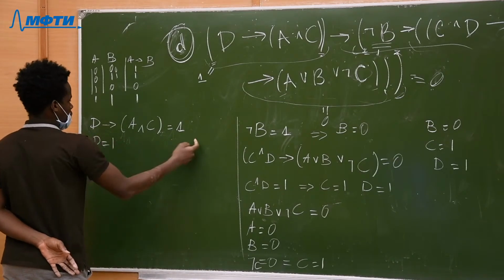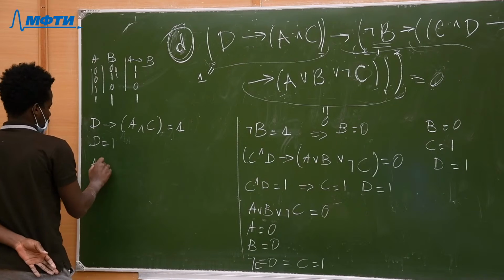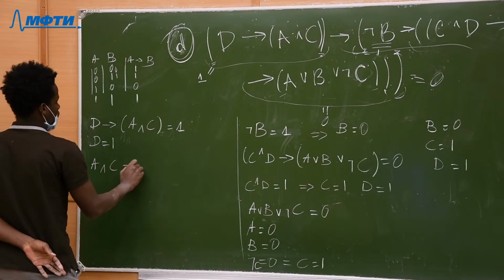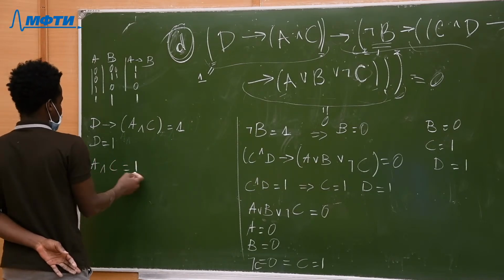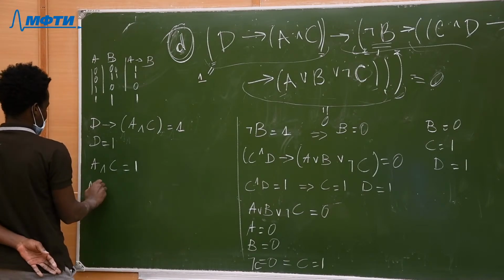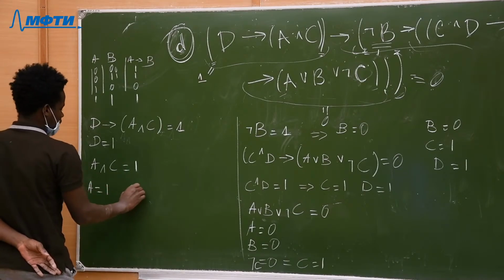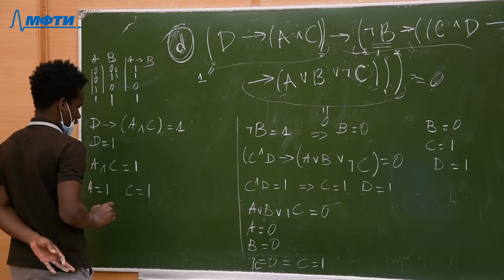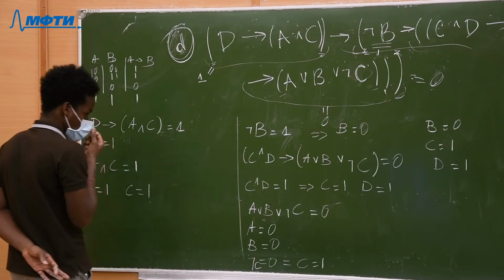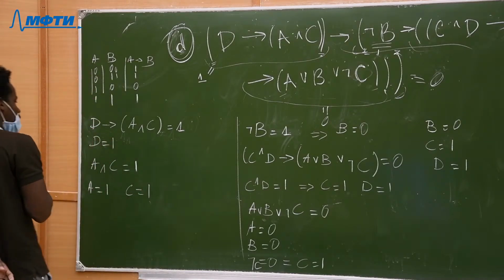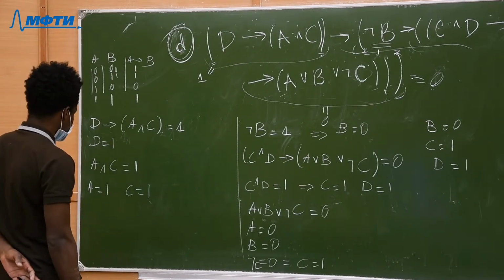If D equal 1, so this one is 1. D, C equal 1, and A and C equal 1, that E equal to 1. And now where's the contradiction? A, right?